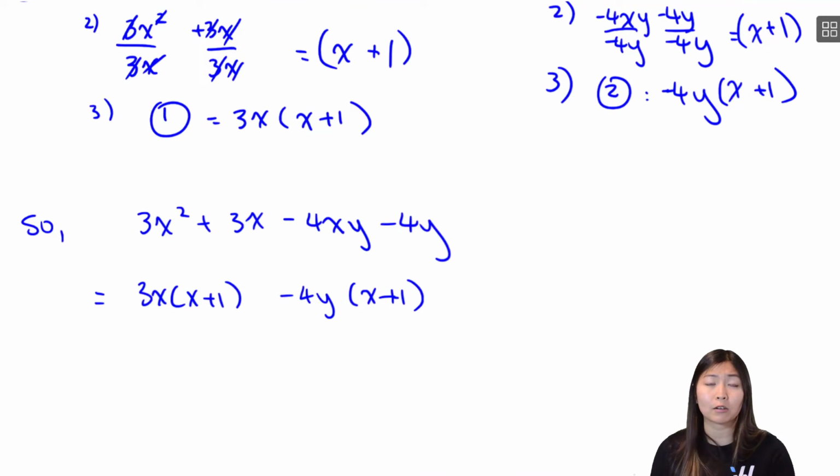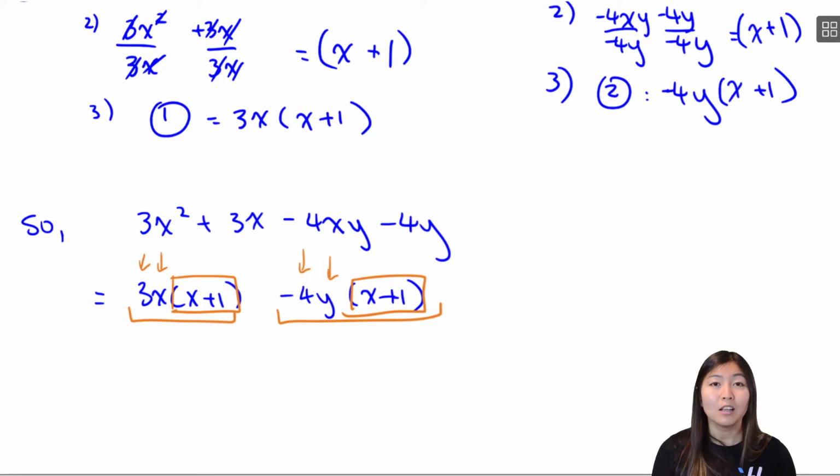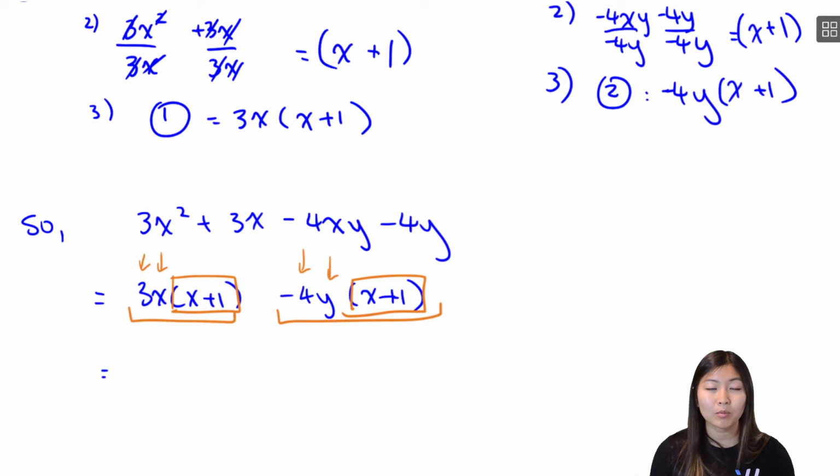Like, is this the fully factored form? Well, now, notice that we have 2 terms. Do these 2 terms have anything in common? Well, in terms of the numbers, we have 3 and -4. Common factor is a 1. We have an x and a y. Those are different. Oh, but now we also have an x plus 1 and an x plus 1. So the GCF is an x plus 1.